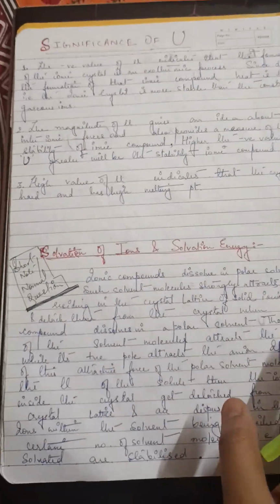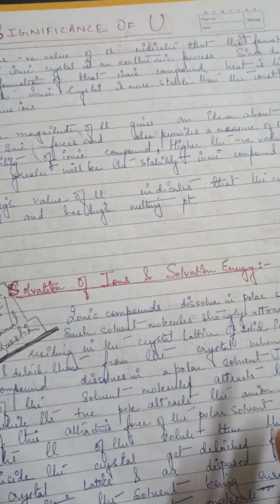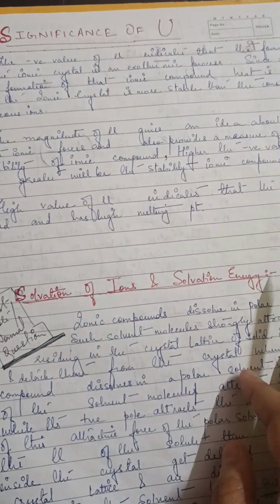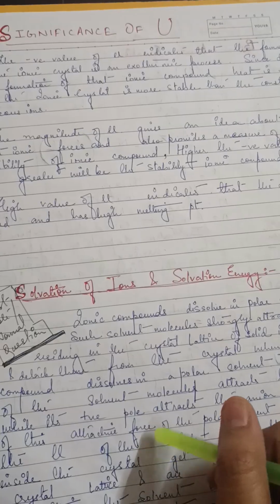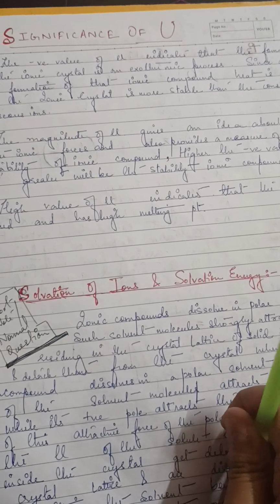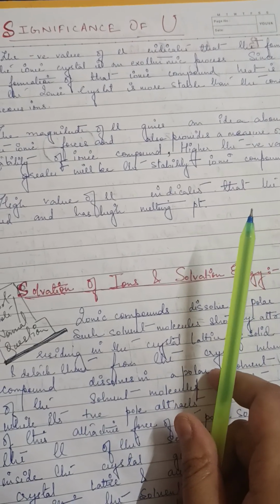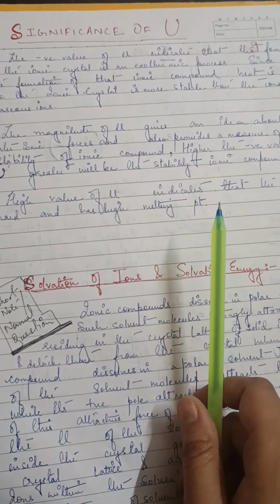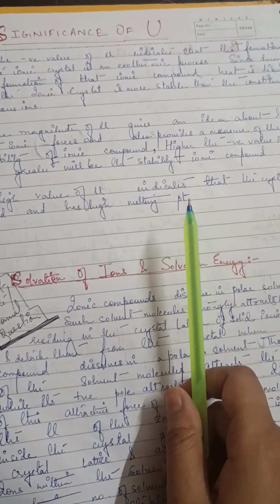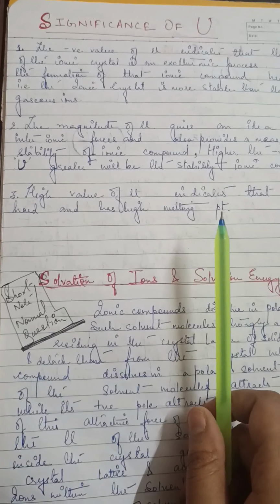The negative value of U indicates that the formation of an ionic crystal is an exothermic process. Since heat is liberated in the formation of an ionic compound, the ionic crystal is more stable than the constituent gaseous ions.